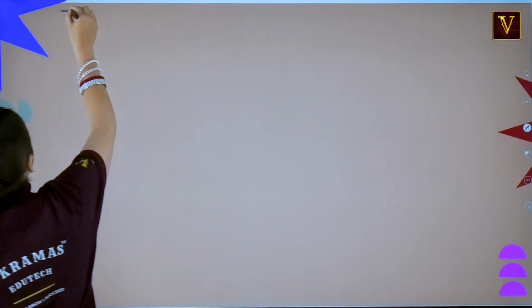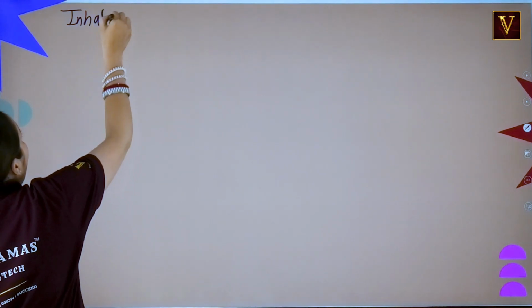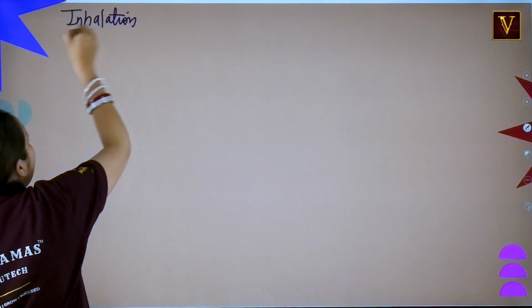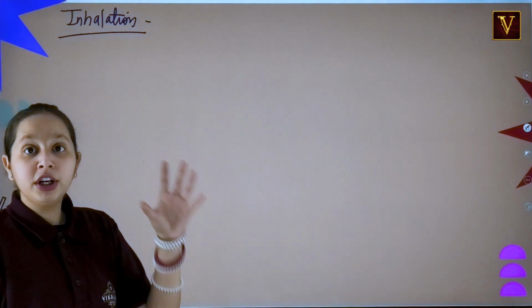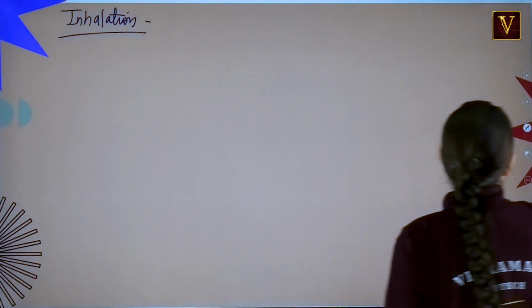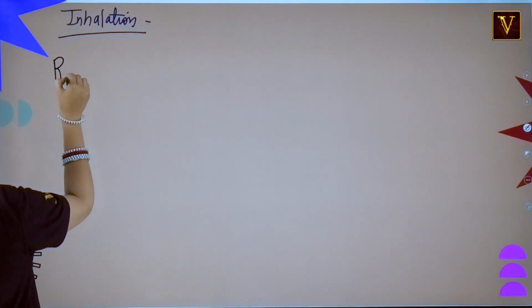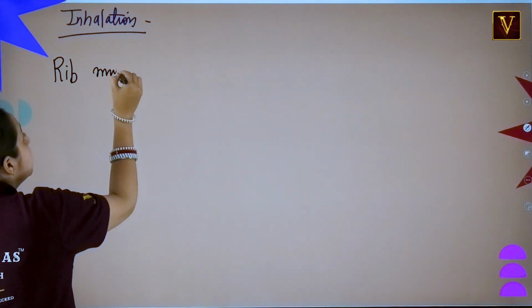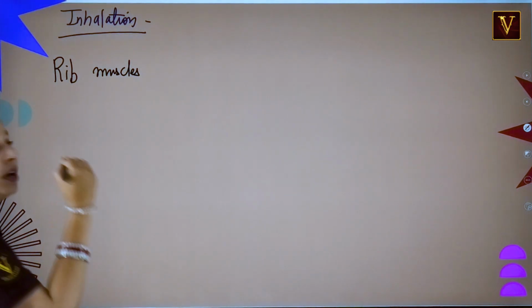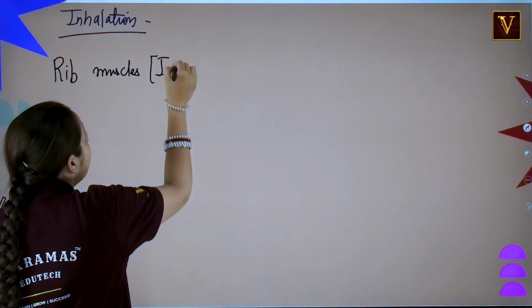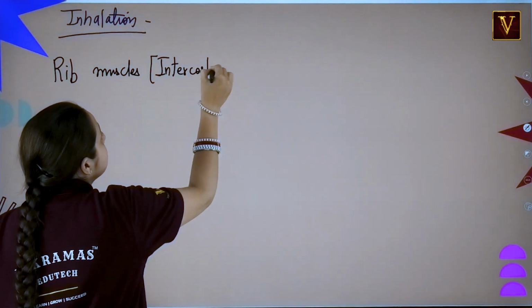First, we have inhalation or inspiration. For inhalation, the rib muscles are involved. Rib muscles are also called intercostal muscles.